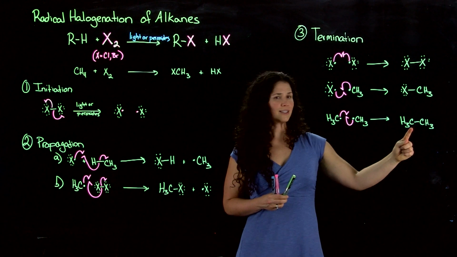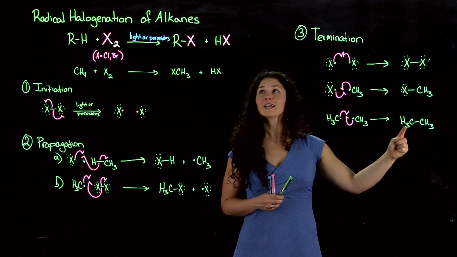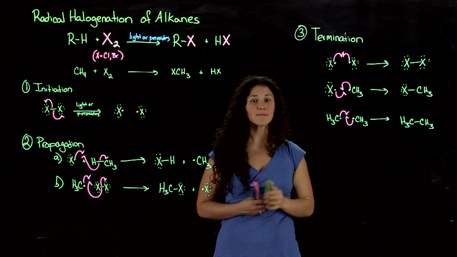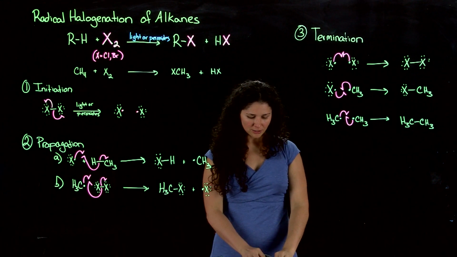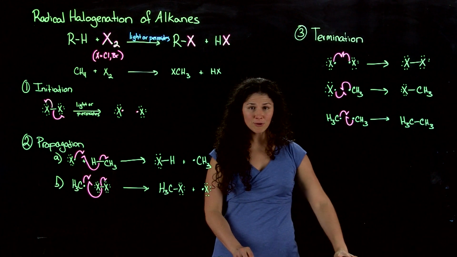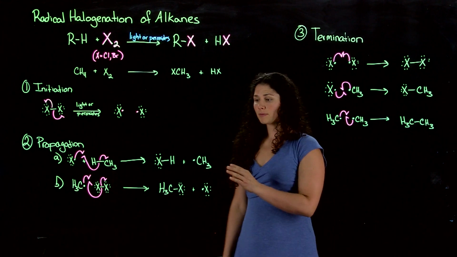Notice, this is a new product. This is not something I wrote up here in my reaction, and it's a potential side product from these termination reactions. But in general, most of the things that form in this reaction are going to come from the propagation steps.